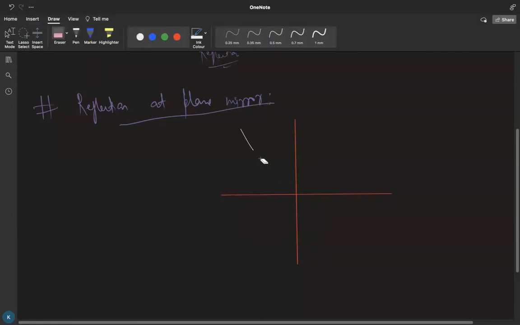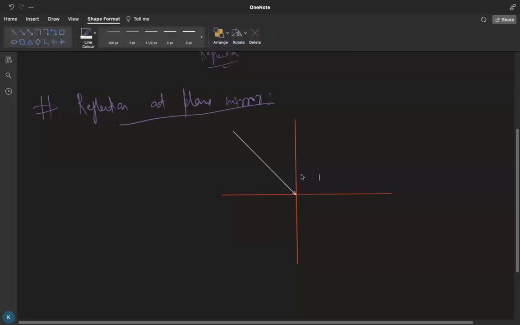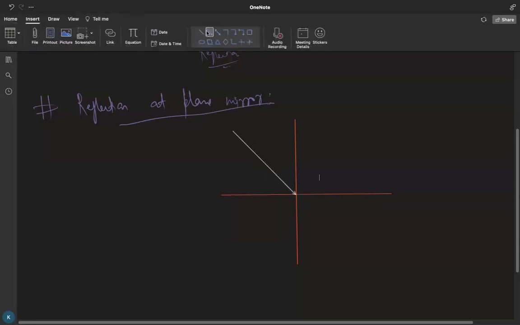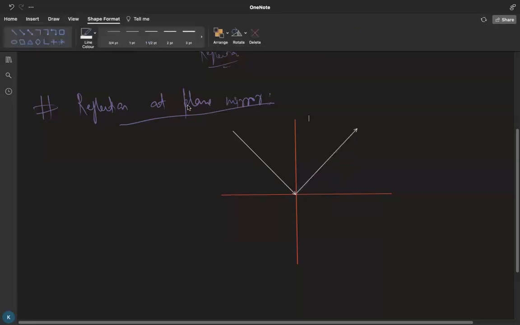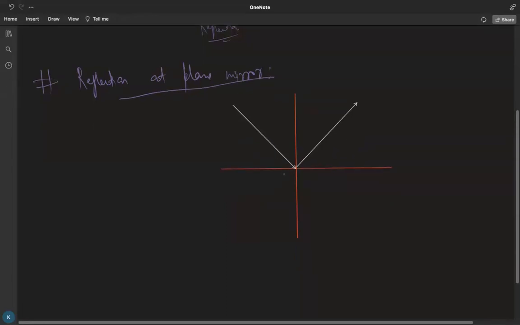Now I have to insert the incident light here. So this is our incident ray of light, and another thing that I have to take is the reflected light. Okay, so this is our plane mirror, with this as the front part and this as the back end. This represents the silver coating, this is our incident light, and this is our reflected light, right?